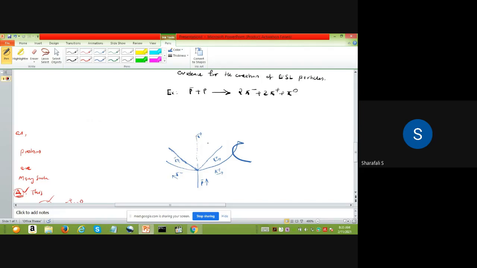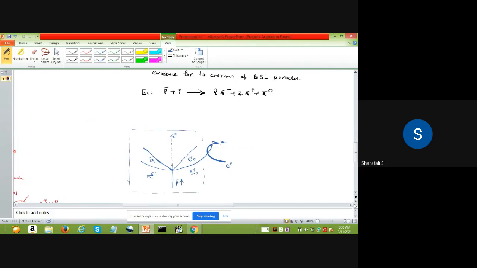Pi 0 we normally cannot detect easily in those photographs, and this pi plus will become mu plus later. So we are not considering that part. The photograph will give you something like this for this particular interaction.